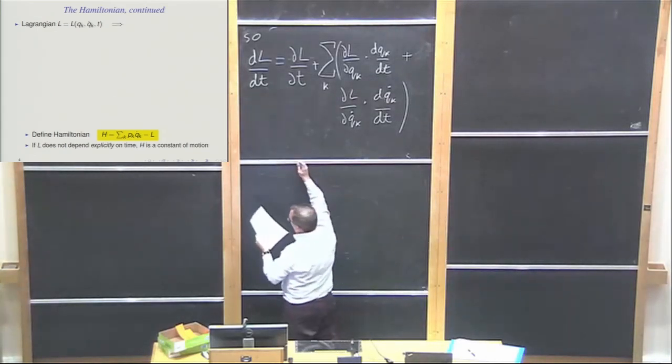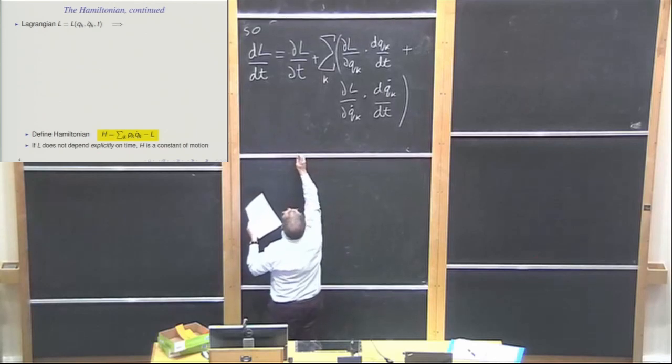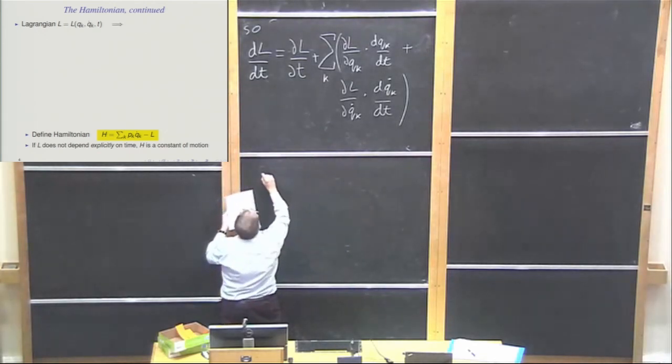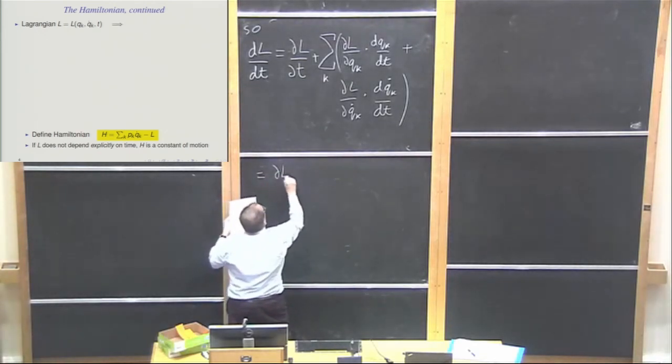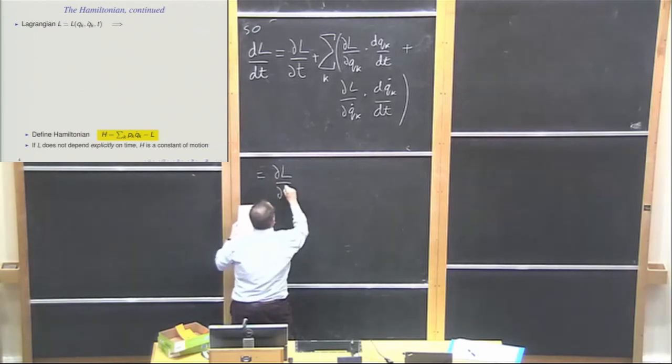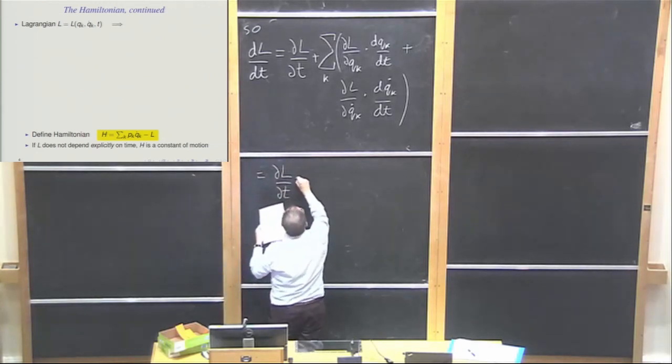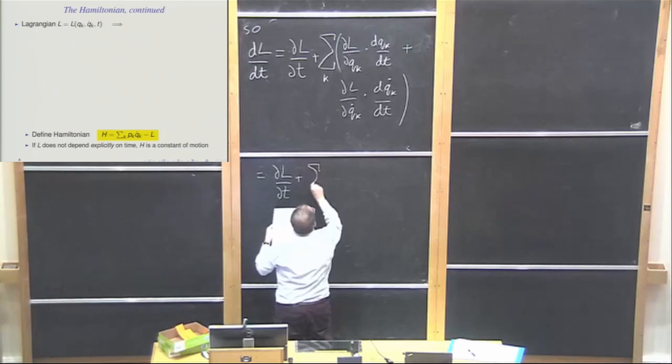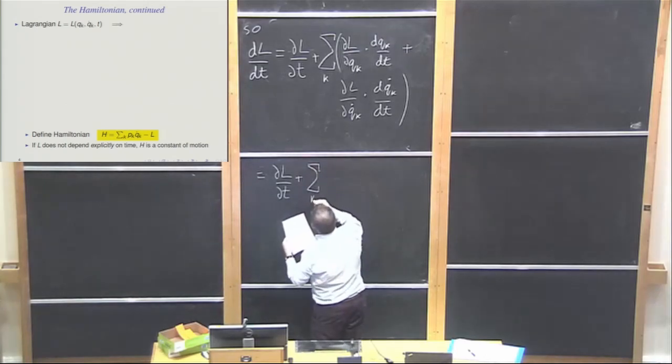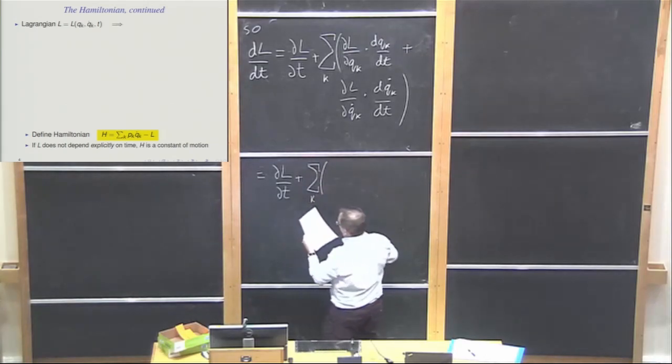Before doing that, let's write it in a slightly more compact manner. So, repeating, dL by dt equals ∂L by ∂t plus the sum again.